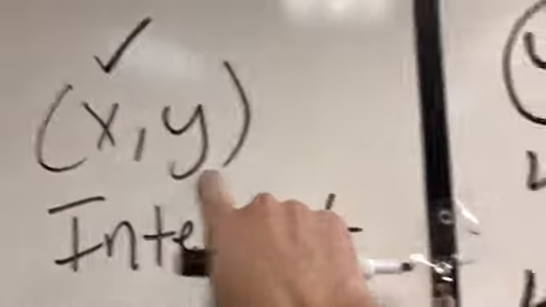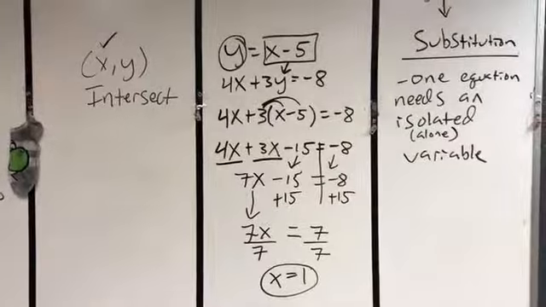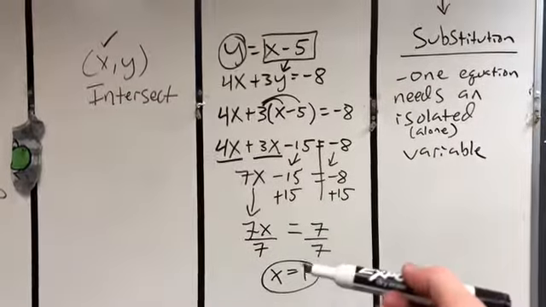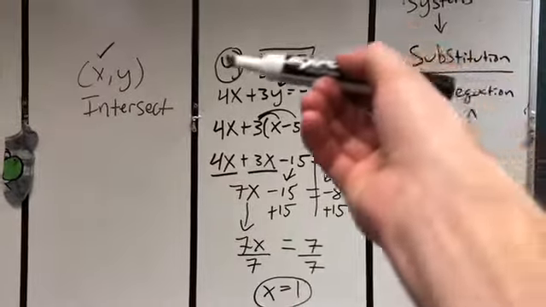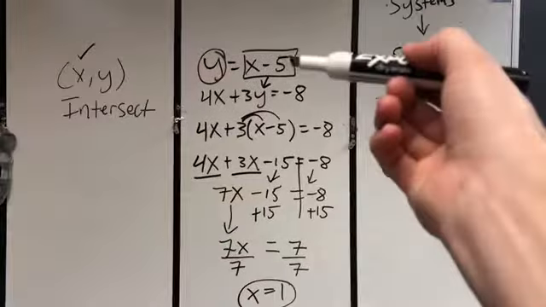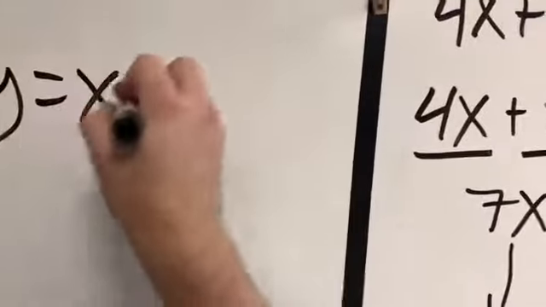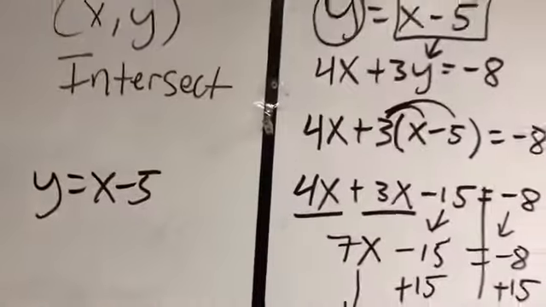But remember, we are not done until we have an x, which we just got, and a y. In order to get your y value, we are going to take our answer that we just got, x equals 1, and we're going to choose one of these equations, it does not matter which, and plug it in. I'm going to use this top one, because it's a little bit easier. So I'm going to write down y equals x minus 5.